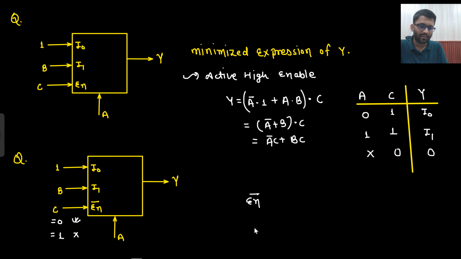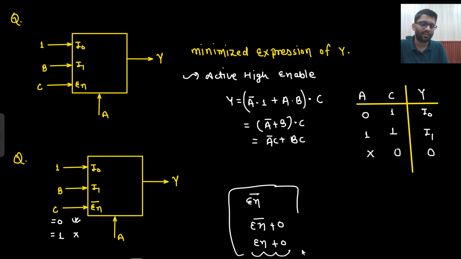EN bar plus bubble, EN bar alone, and EN plus bubble, these three conditions can be there. So whenever you see a bubble, that means it is active low, and whenever you see a bar, that means it is active low. If both are together, then also it is active low.